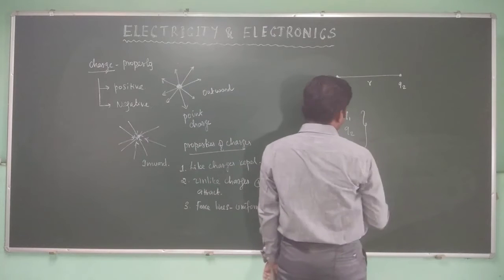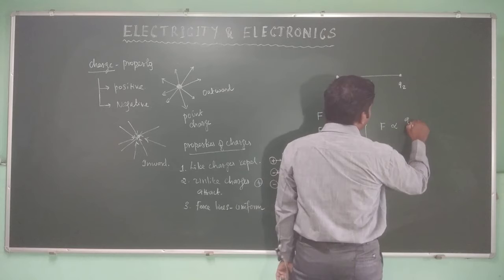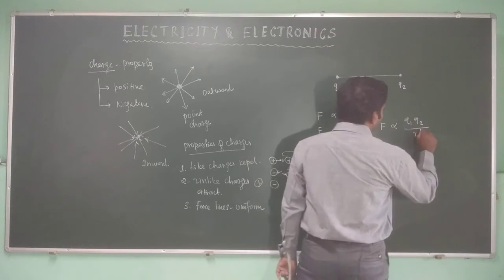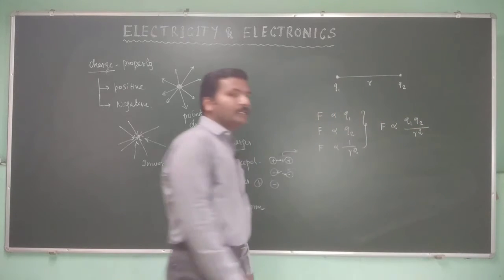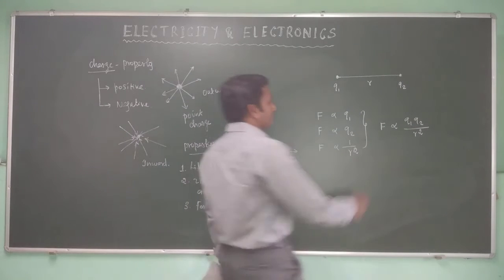Collectively, you can say that F is proportional to Q1 Q2, inversely proportional to the square of the distance between them. Okay?